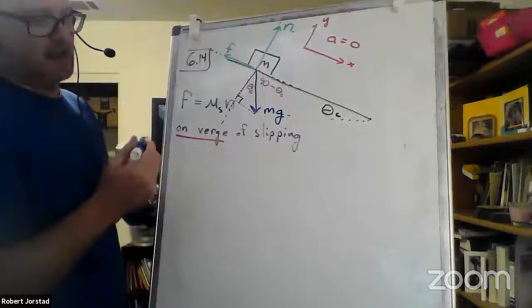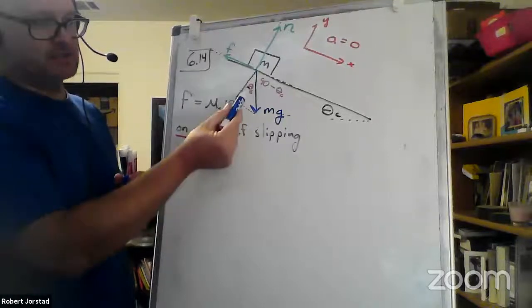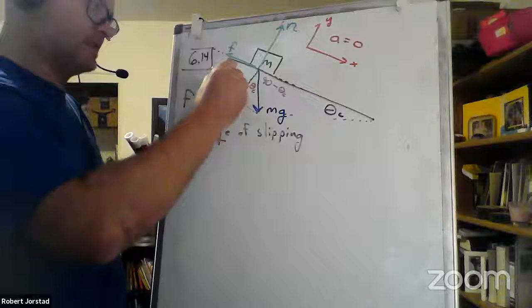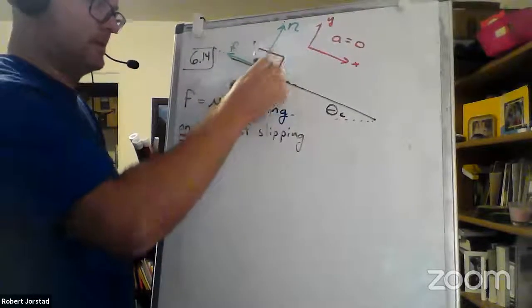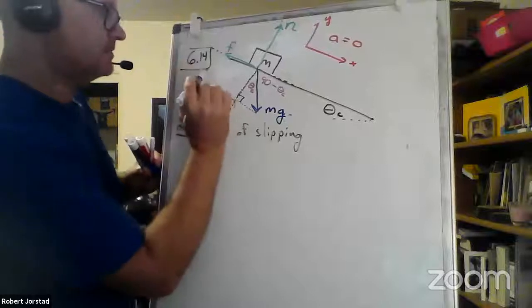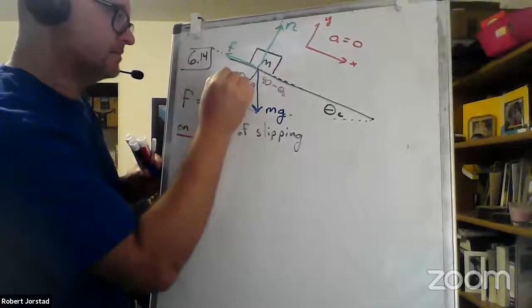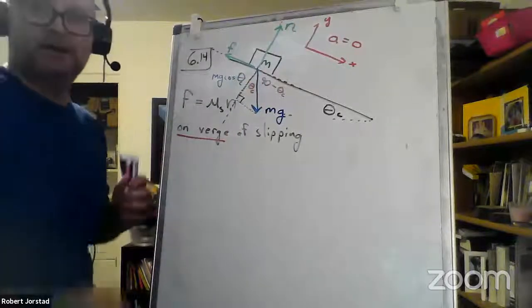So somebody said mg sine and cosine. Hopefully you see that this is mg sine, opposite, and this is mg cos. I'll label this one because there's room, maybe. Actually, there's not. Let me write it like this. And then the other one would be mg sine.